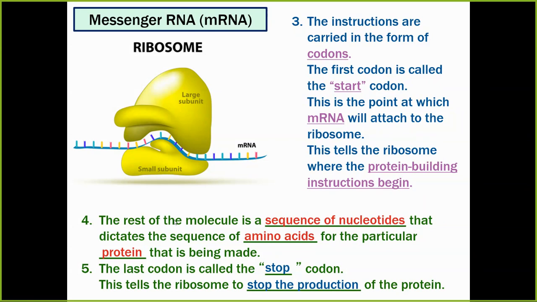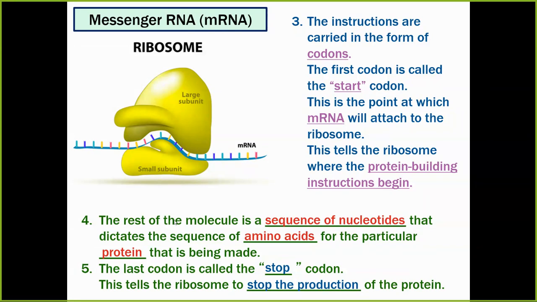Remember, when we take the message, this mRNA that gets created in the nucleus, it carries instructions in the form of codons. Remember, a codon is a series of three nucleotides that will code for a specific amino acid. And amino acids, of course, are the building blocks of proteins.